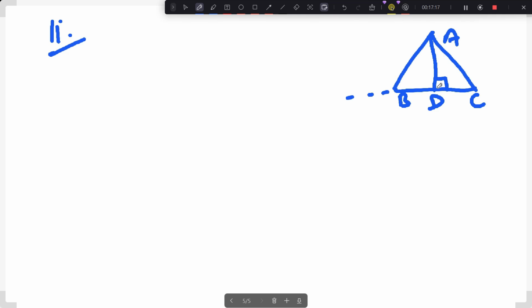So this is a triangle. AD is an altitude, and there is a point E on the line segment which is extended, such that we have drawn this basically, right? So what is given?